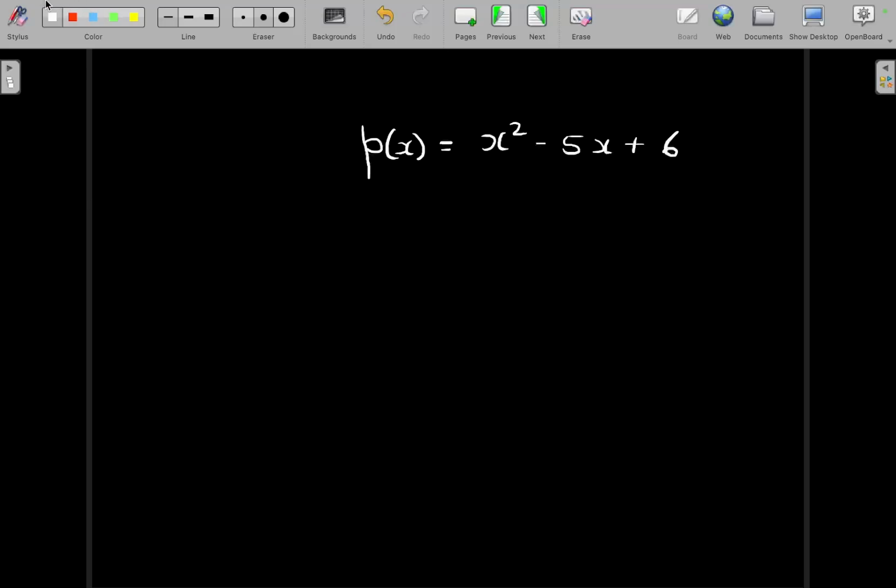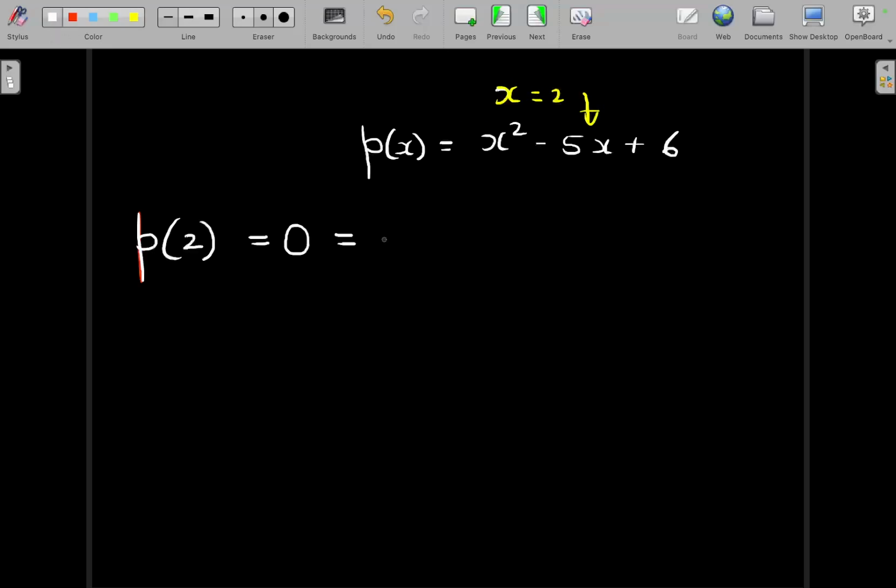And suppose by chance we guess, or we just got lucky and we calculated some number, let's say p of 2. So let's see what is p of 2, and if it happens to be 0 by chance, well, in this case it does happen to be 0. P of 2, you just have to put x equal to 2 into this polynomial.